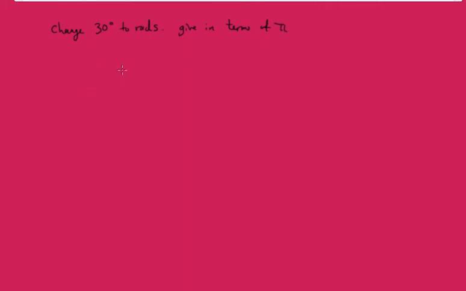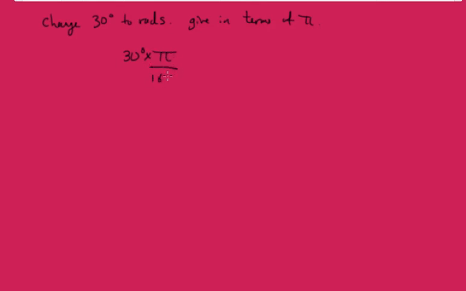So we know that 30 degrees would be times by pi over 180 to get radians. 180 and 30 can be simplified to pi over 6, and that's it, pi over 6 radians.